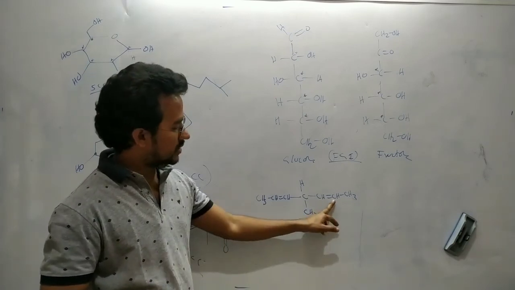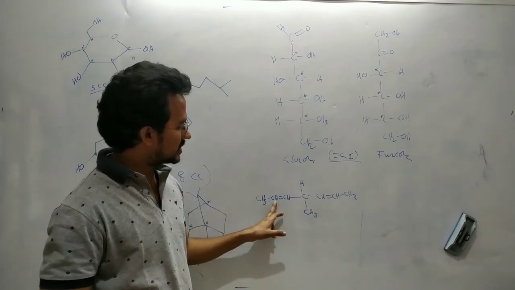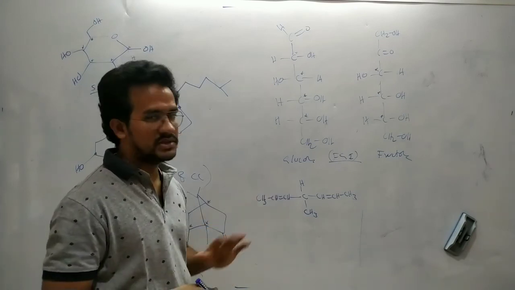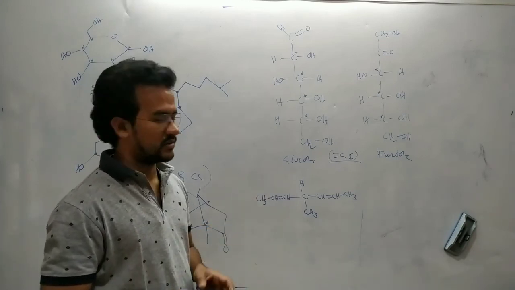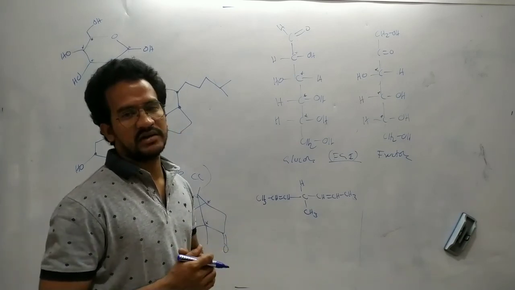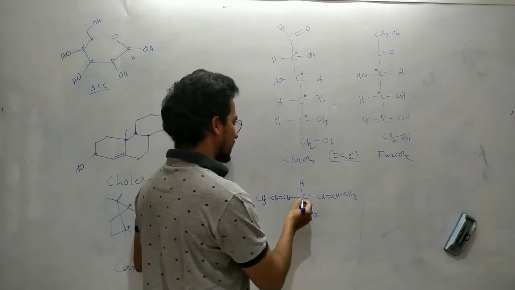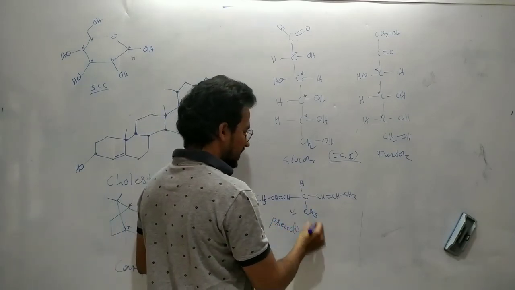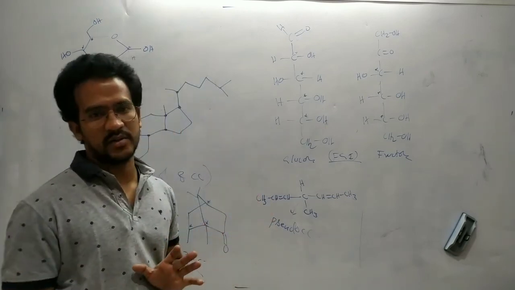Here CH double bond CH CH3 on both sides, similar groups. This is the hydrogen, this is the methyl, different, but here similar groups. So it's not a chiral carbon, but actually it is a chiral carbon. So it is a pseudo chiral carbon. How is it a chiral carbon?